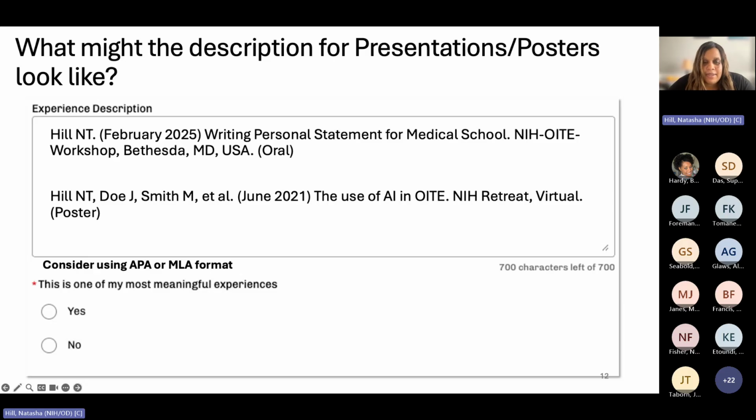Unless maybe they're all meaningful to you and you have unlimited experiences like you do in AACOMAS. But for those of you applying AMCAS, you're really going to have to select the ones that are most important to you so that you don't have multiple repeat experiences, like 5 or 6 experiences, just listing poster presentations.